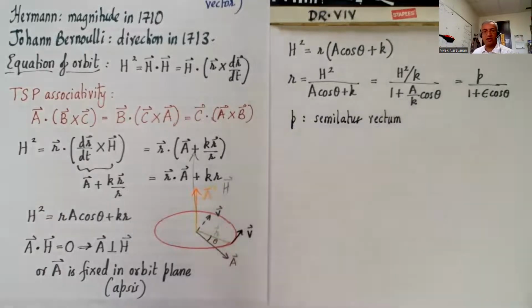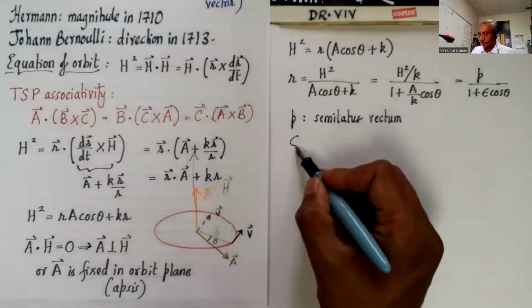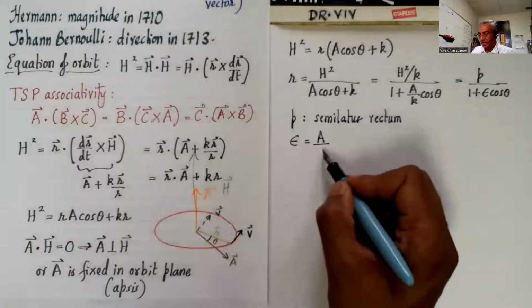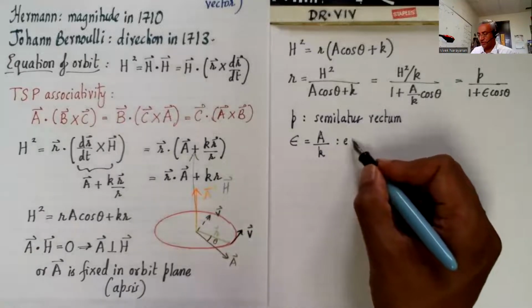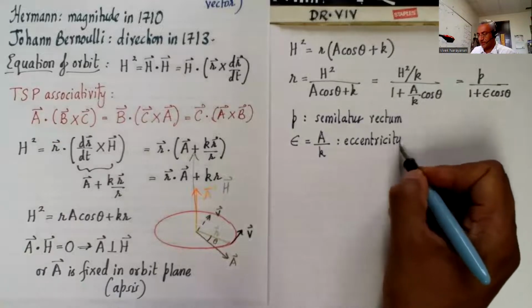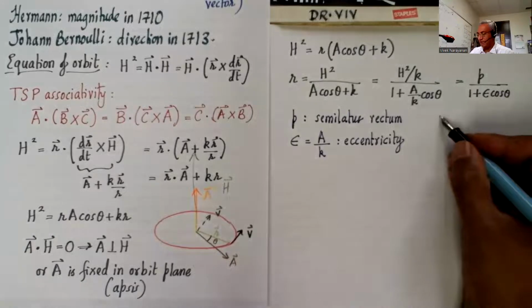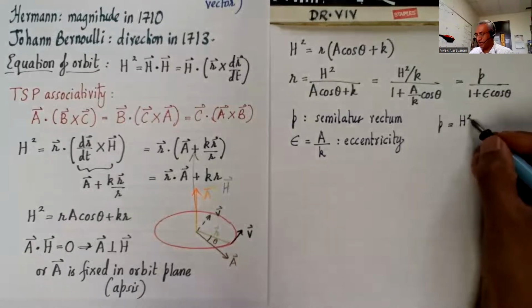I kid you not. These are Latin words. And epsilon, which is a over k, is called the eccentricity. So we have a formula for the semi-latus rectum: P is equal to h squared over k.